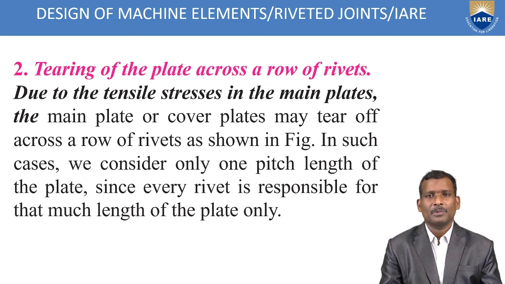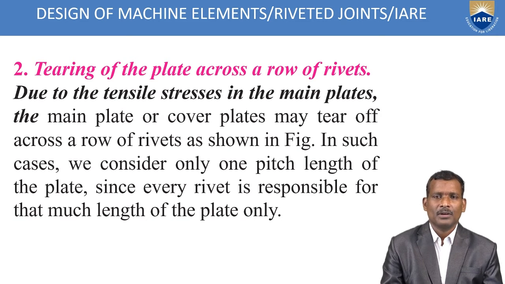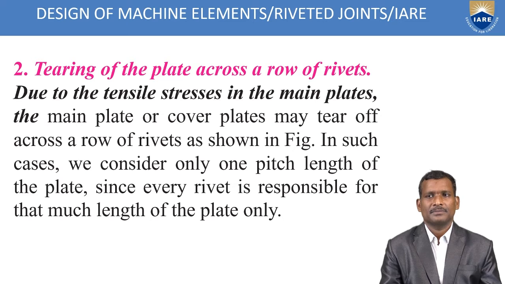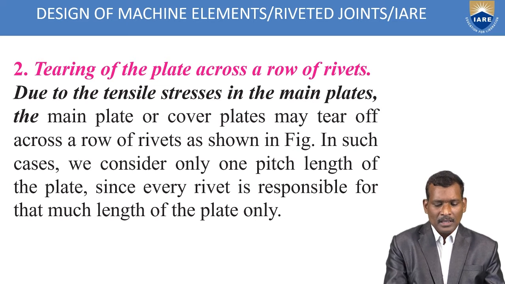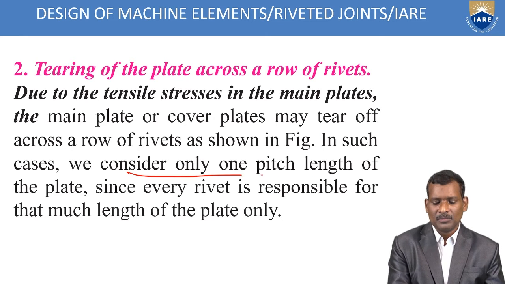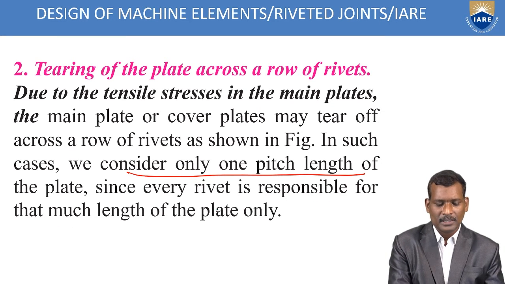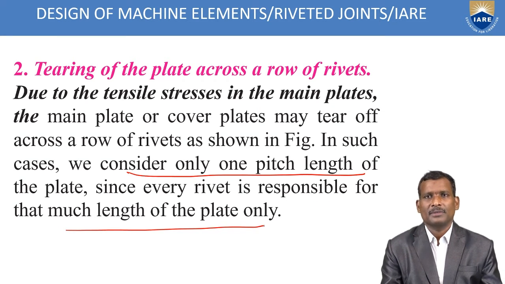Whenever the main plate is subjected to tensile load, in case of a butt joint, the main plates or cover plates may tear off across a row of rivets, as shown in the figure. In such cases, we consider only one pitch length of the plate. Why? Because every rivet is responsible for that much length of plate only.